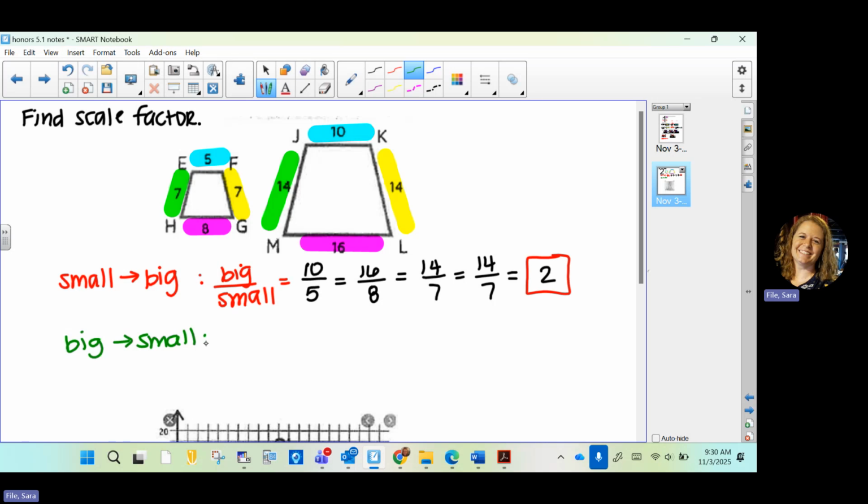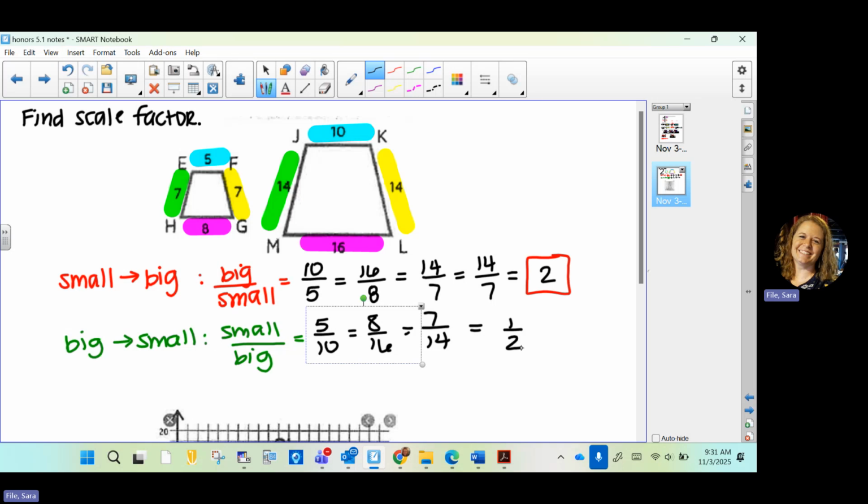Now, if you don't make that connection or you hadn't done this work first and you were just told find the scale factor to go from the big to the small image, you would just do the small divided by the big, which you would just do the reciprocal. Like I said, you would flip all of these. You would be doing 5 over 10 or 8 over 16 or 7 over 14. Okay, and it would be the reciprocal, which is 1/2.